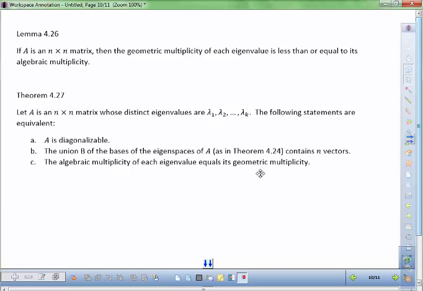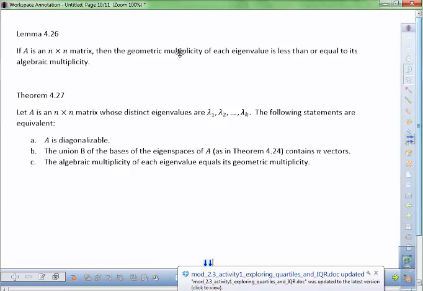In the examples we've come up with where the algebraic and geometric multiplicity aren't the same, the geometric multiplicity is less. And if we find an example where the geometric multiplicity and algebraic multiplicity are the same, then we can say that particular matrix is diagonalizable. All right.